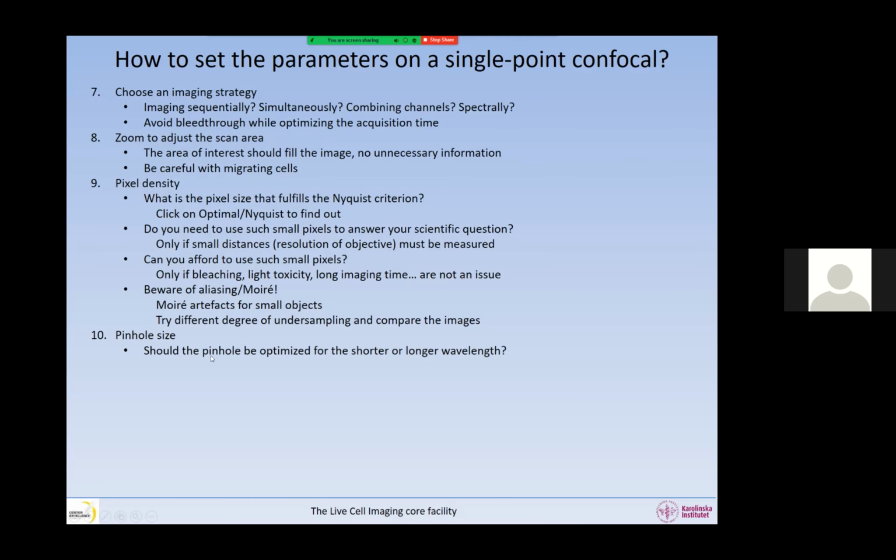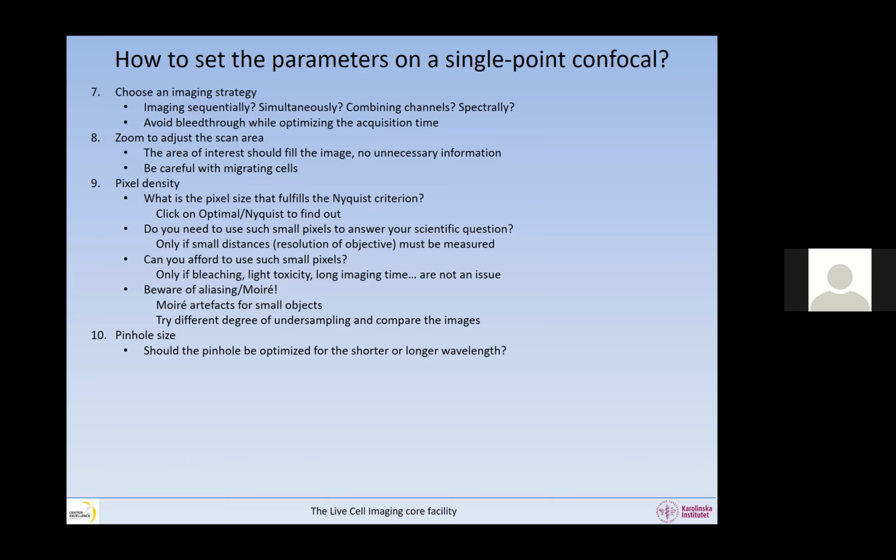I was wondering regarding the optimal, when you said we can change it from the software. Does it differ from one software to another? It differs a little bit. I will talk about this a bit later, but basically they have different names.